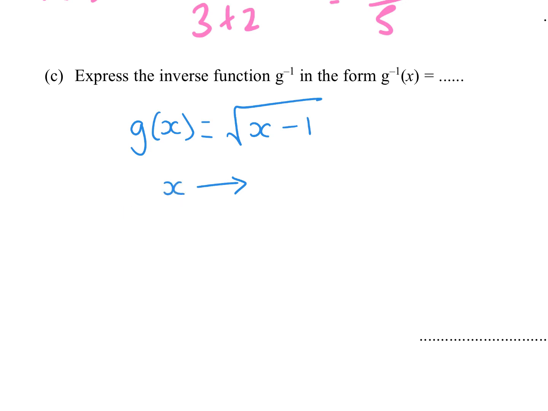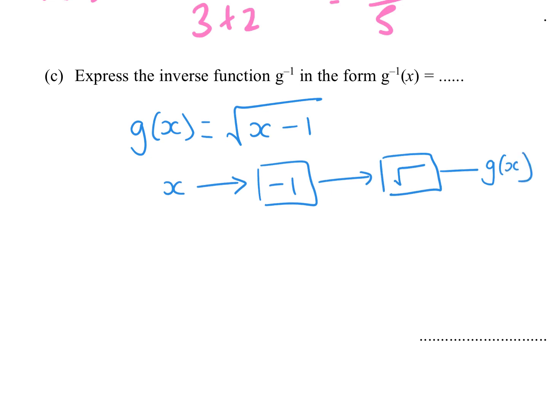If we had x, what was the first thing we did to x? We took away 1. Brilliant. Then, after we took away 1, what did we do? We square rooted x minus 1. And this gave us our function g of x.